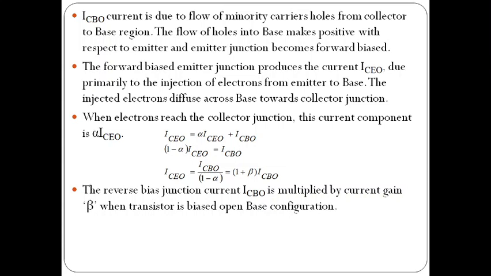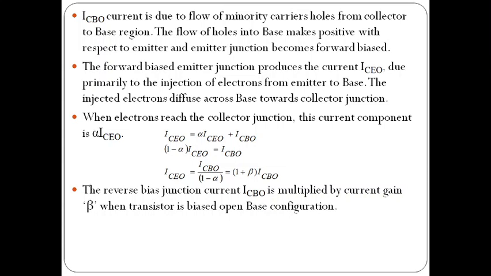The injected electrons diffuse across the base towards the collector junction. When electrons reach the collector junction, this current component can be written as alpha into ICO. So it is a multiple of ICO. So ICO equals alpha into ICO plus ICBO. From this we can write ICO equals ICBO by 1 minus alpha.